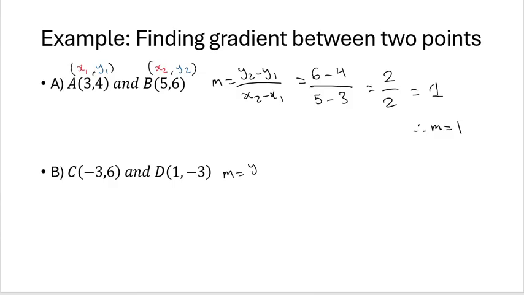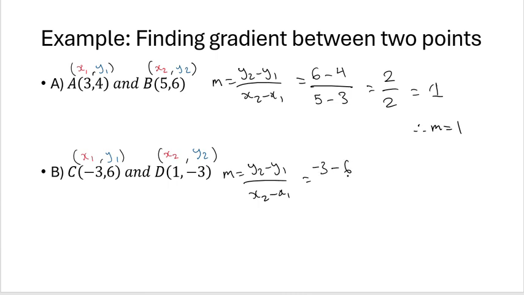Now you're just going to do the same thing with the next example here. I'll just start out by writing my formula, and then I'll just fill this out. There we go, just like that. And let's just substitute it in.